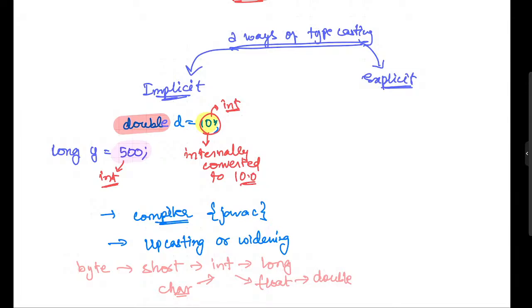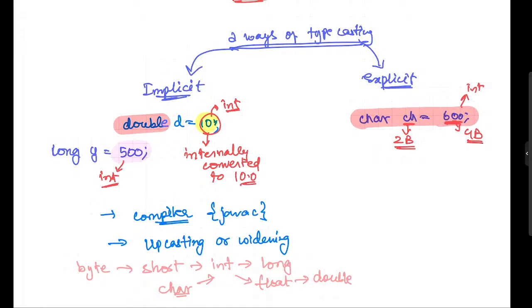If I try to do something like char ch equal to 600, this might not throw an error, but this is a problem because this is considered as an integer, which will take 4 bytes. A char will only be able to hold 2 bytes.